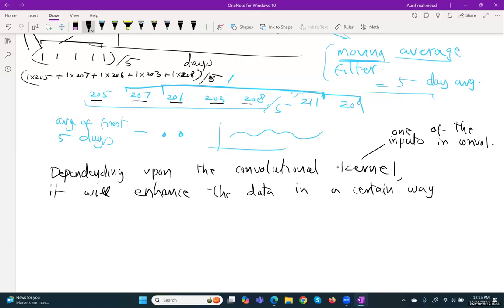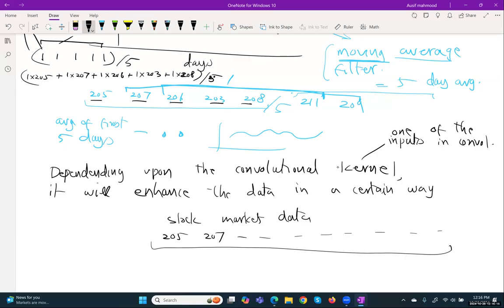As I mentioned, suppose you're given stock market data. Again, going back to the IBM example, 205, 207, the daily price, for let's say 100 days, and your goal is to smoothen this data, remove the daily noise so that you can see which way it's trending.